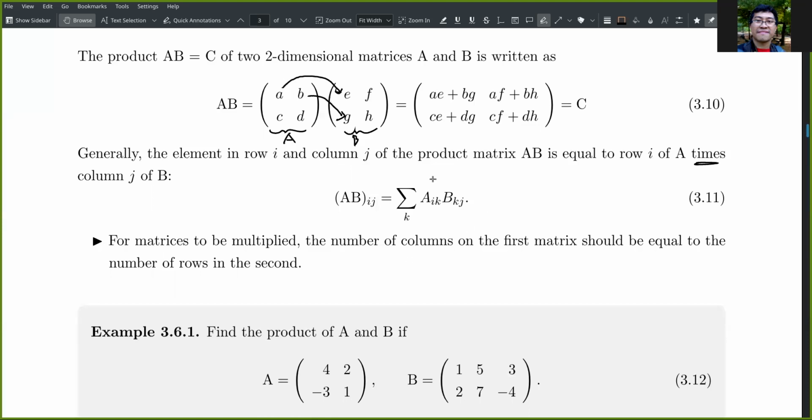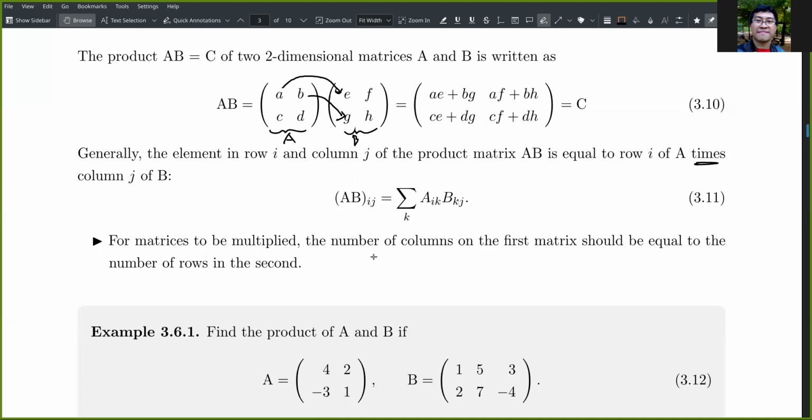So in general, in terms of indices, you can write it like this. For the ith row and jth column of the product, you're considering only the ith row of the first matrix and the jth column of the second matrix, and then you just sum this over this k here.